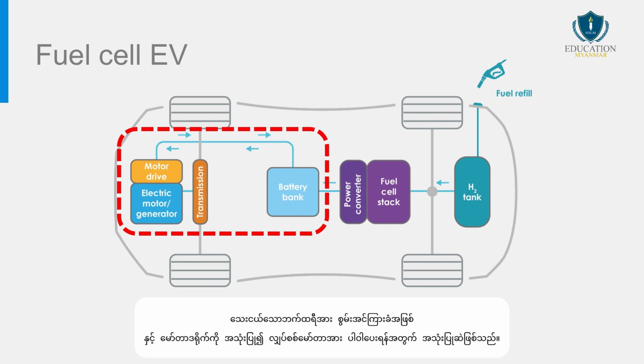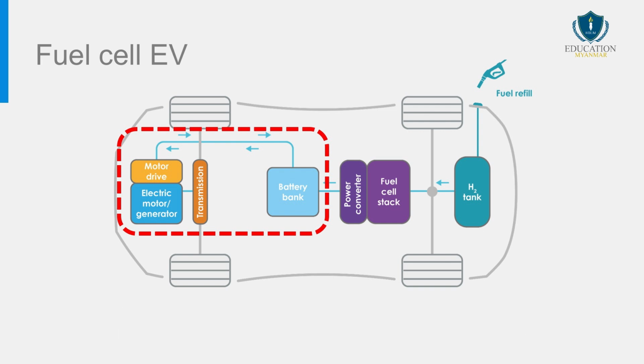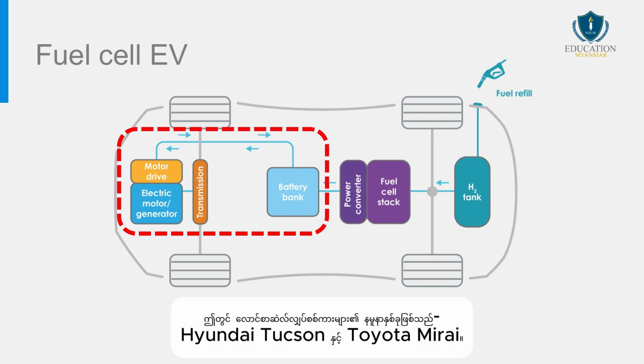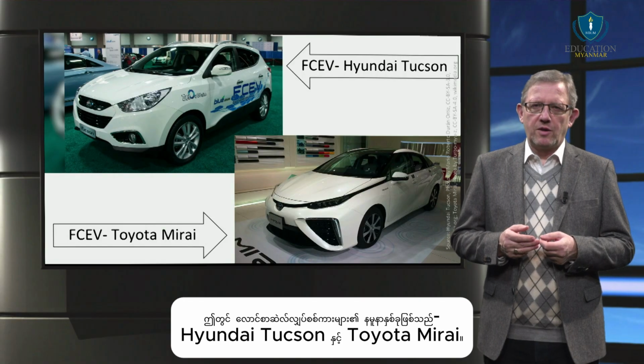A small battery is still used as an energy buffer and to power the electric motor using the motor drive. A fuel cell vehicle has the advantage of short refueling times and extended driving range when compared with battery electric vehicle. Here are two examples of fuel cell electric vehicle, the Hyundai Tucson and the Toyota Mirai.